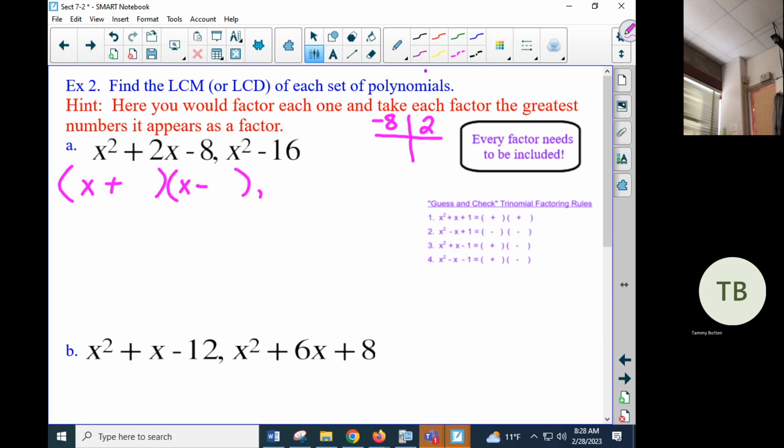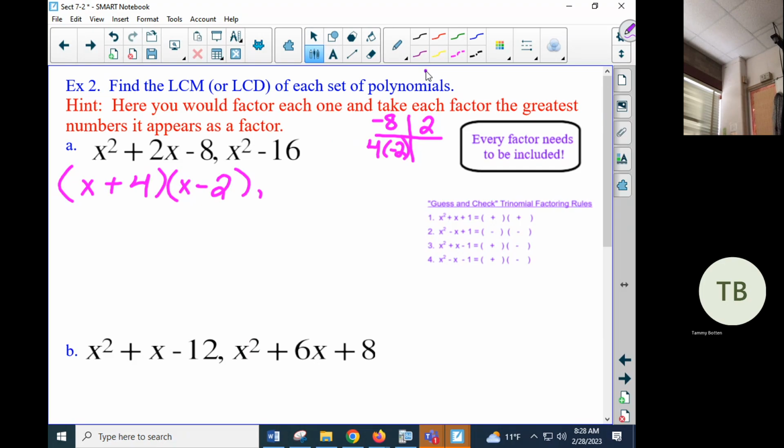Can you think what that would be? 4 and -2. Very good. So the 4 is going to go with the plus, the 2 is going to go with the minus, and then that's factored.